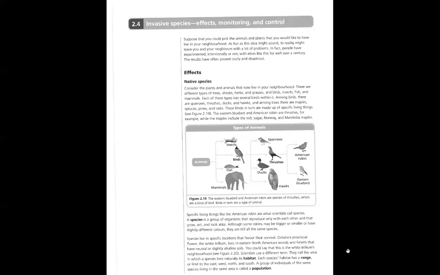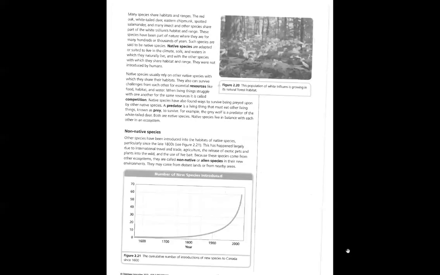Okay, Lesson 7, invasive species. We did a whole section on invasive species. We looked at the effects. We discussed what native species mean, what alien species mean. We talked about habitat and populations, terms we didn't know at the time.